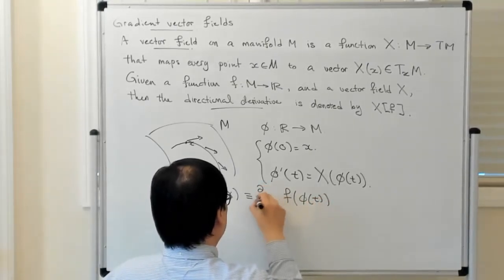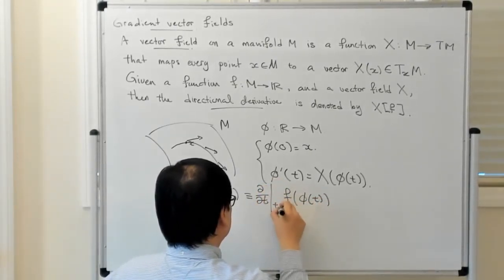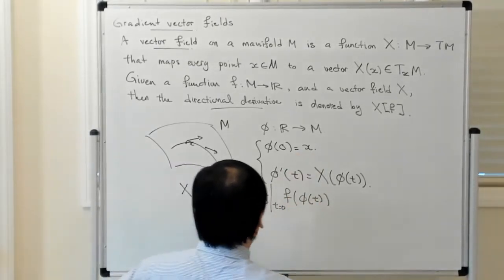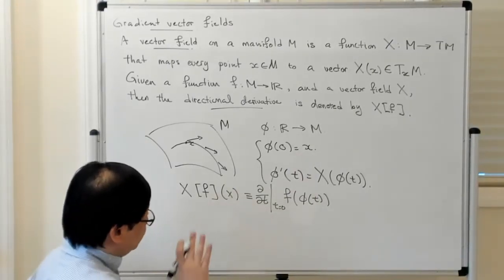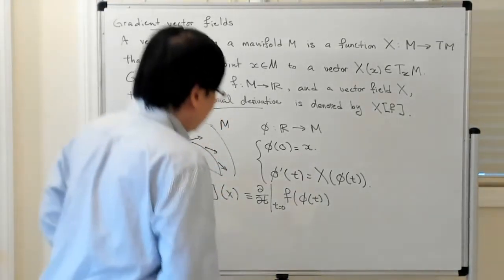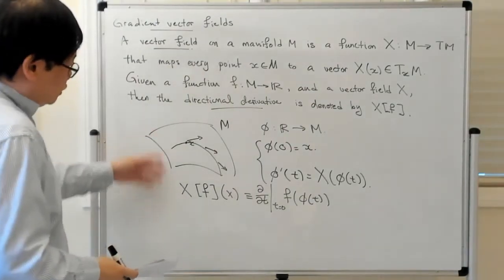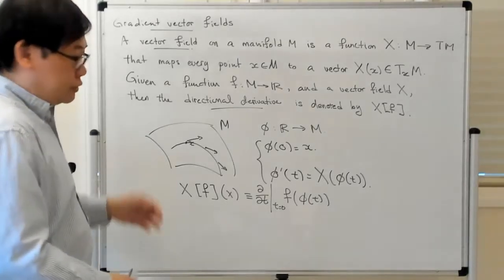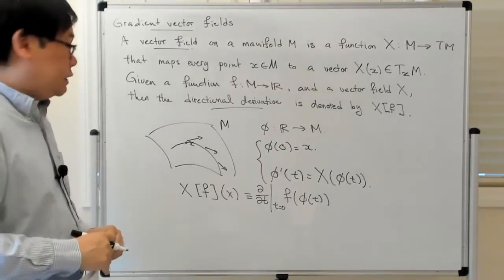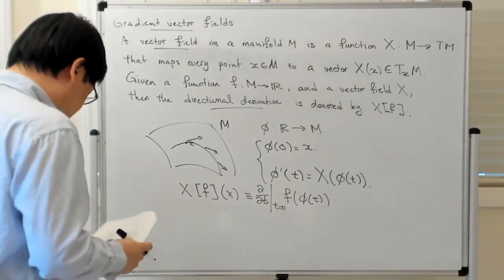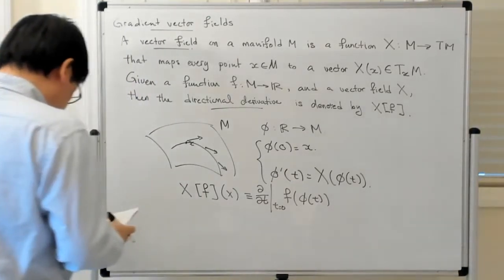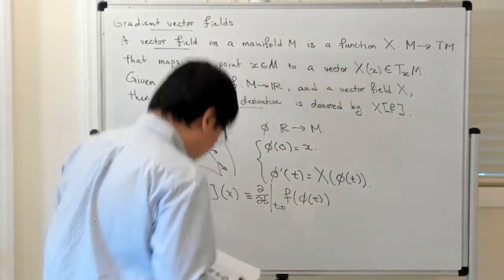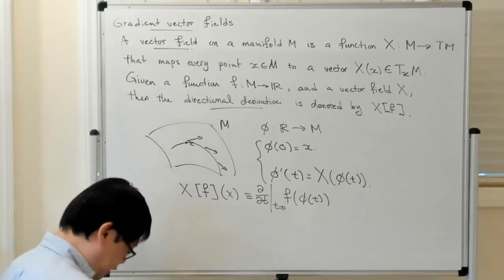You differentiate with respect to the time variable and evaluate it at t equals 0, because at t equals 0 this is actually the point x. So this is the obvious notion of a directional derivative along the flow of a vector field. It's fairly clear from this that nowhere have I needed to introduce a notion of distance or inner product. So that's the directional derivative, X[f].